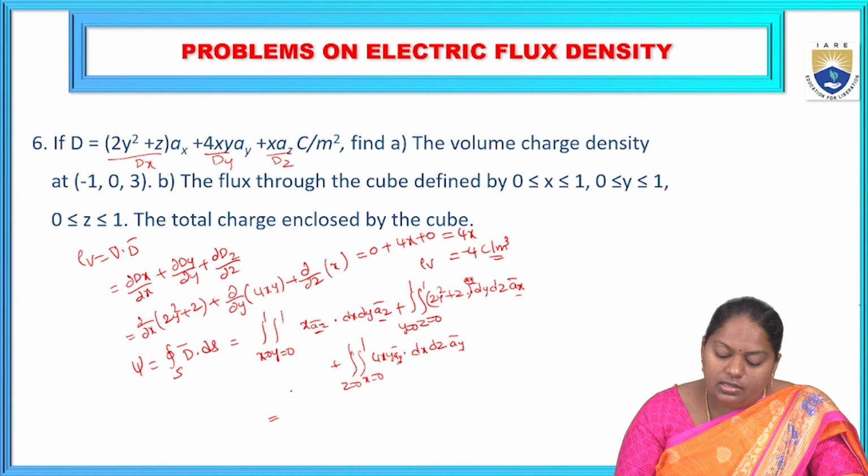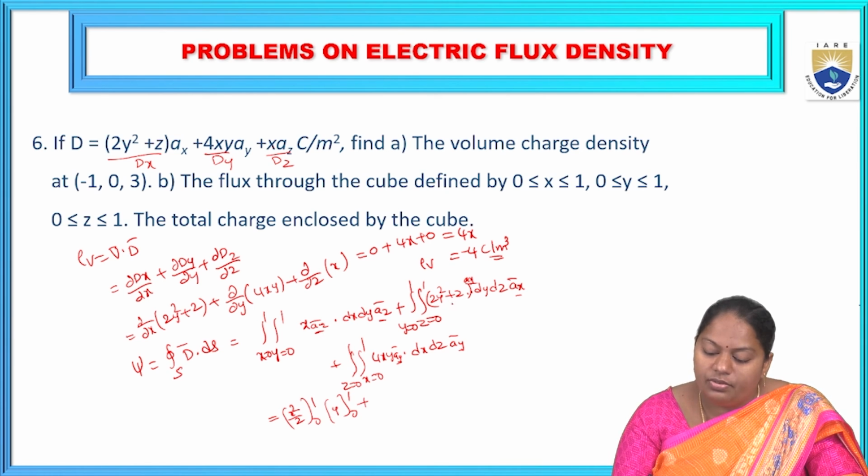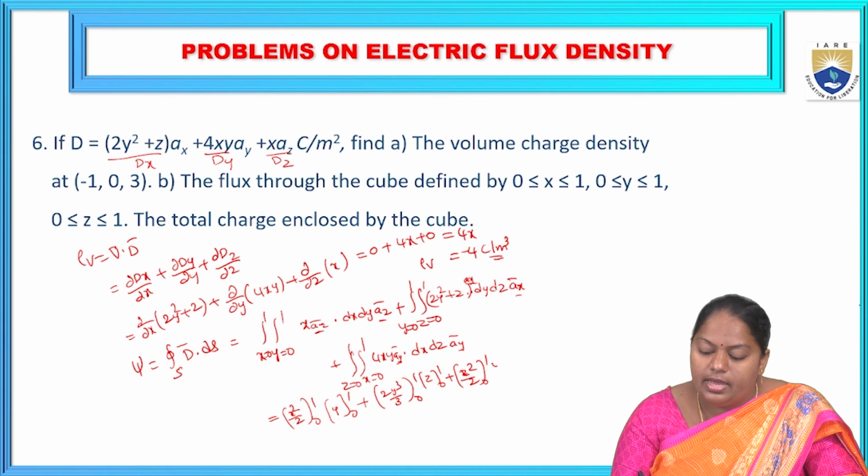Now by simplifying this equation, x becomes x square by 2 with limits 0 to 1, and y limits 0 to 1. Plus, integrating this one, 2y cube by 3, limits 0 to 1, into z limits 0 to 1, plus z square by 2 limits 0 to 1, and y limits 0 to 1.